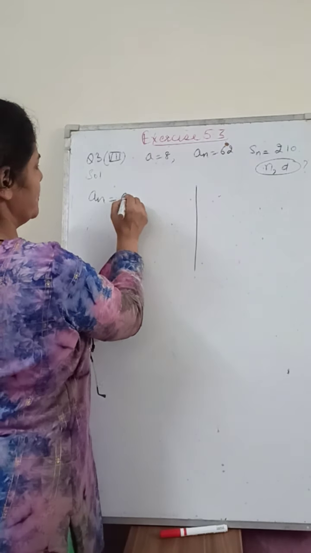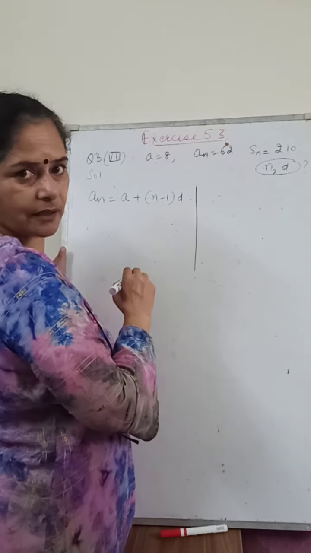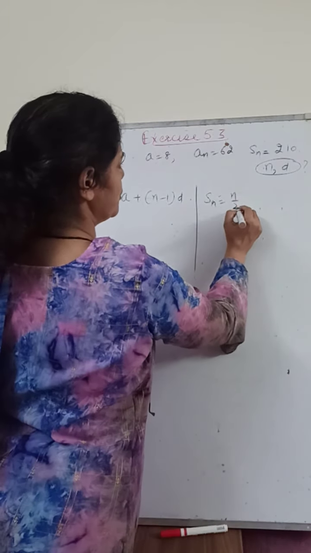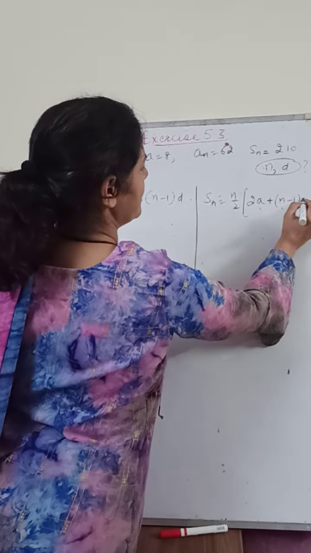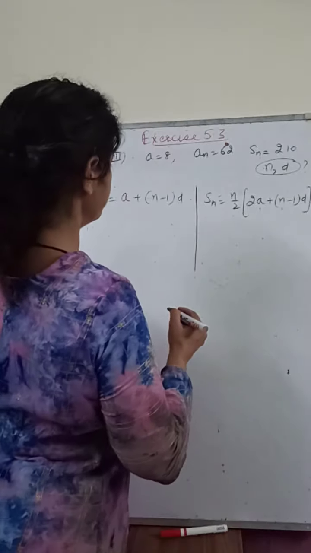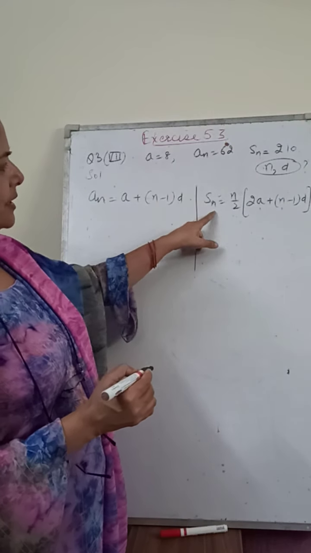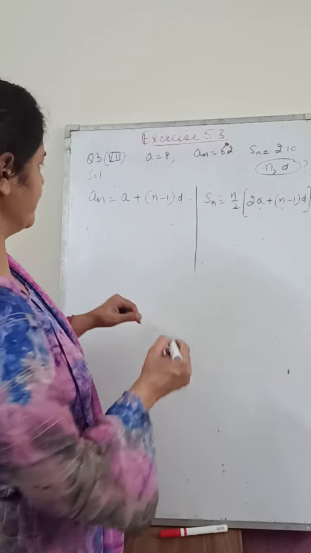An is equal to A plus n minus 1 into d. And Sn is n by 2, 2A plus n minus 1 into d.